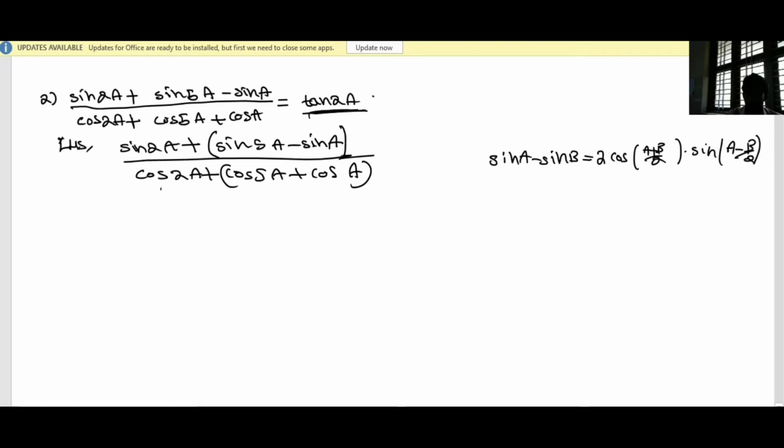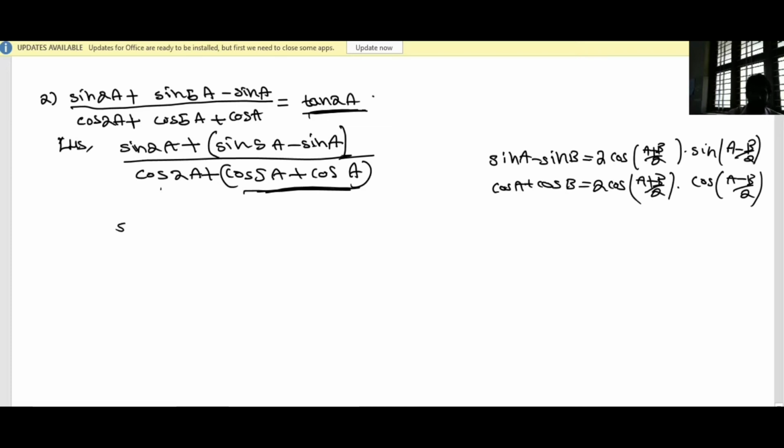Observe the denominator, which is in the form cos A plus cos B. Cos A plus cos B is equal to 2 cos of (A plus B) divided by 2 into cos of (A minus B) divided by 2. Apply these two formulas here.